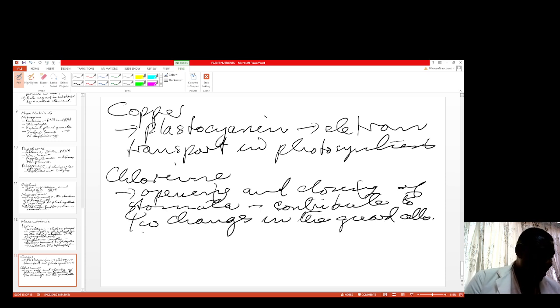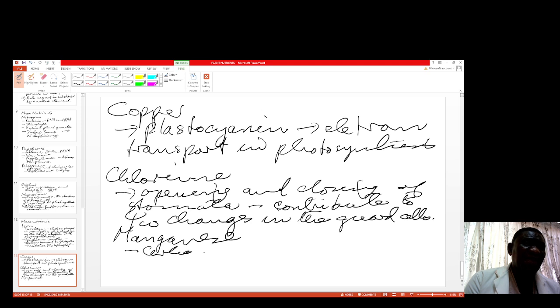Then we've got manganese. This one is important for carbohydrate metabolism.